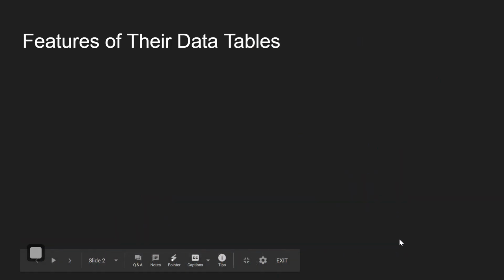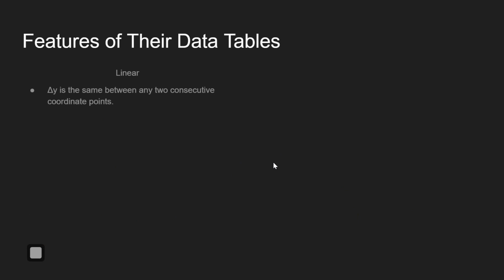Now, there are unique features to the data tables that tell you what type of equation you're working with. For linear equations, the change in y is the same between any two consecutive points. Let's go ahead and take a look at that.